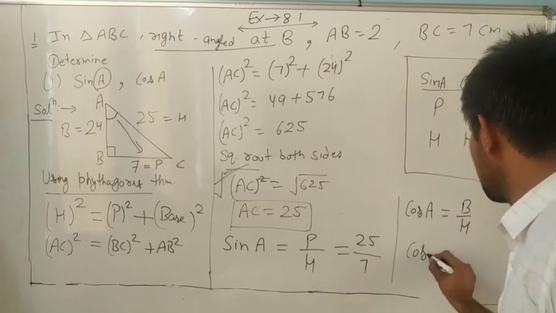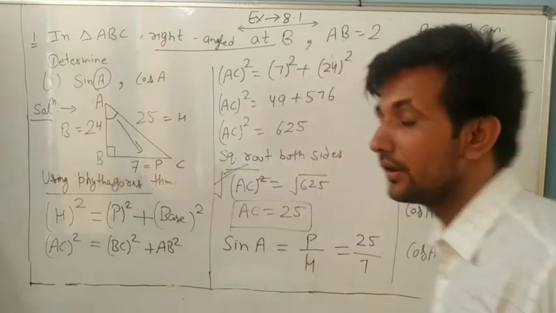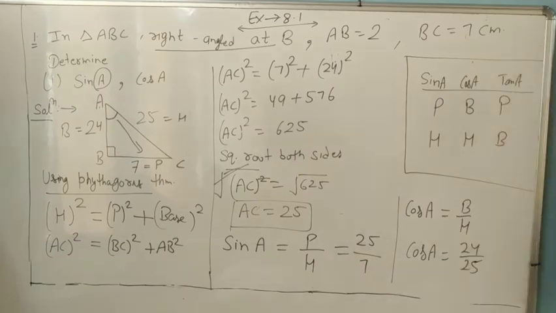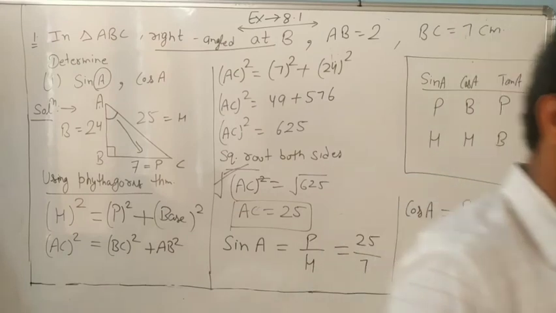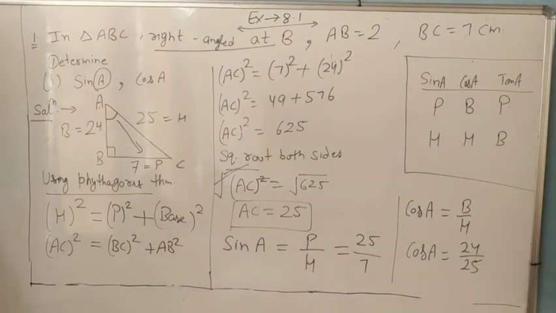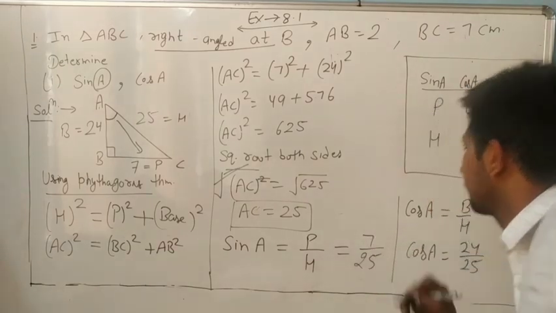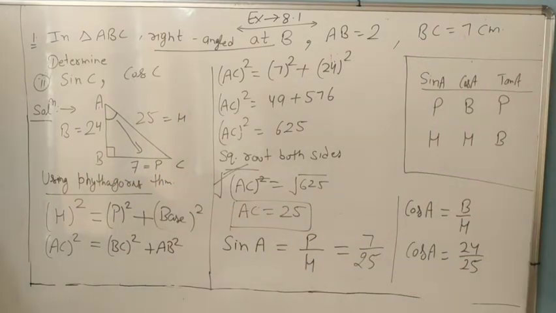So cos A is, base is how much? 24 divided by 25. Understand it? Note it down, dear. It will come 7 by 25. Okay, by mistake I wrote 7, because the perpendicular is 7. Note it down.